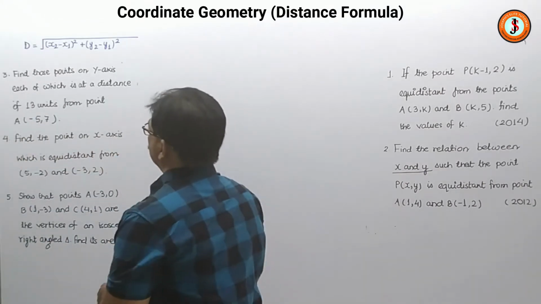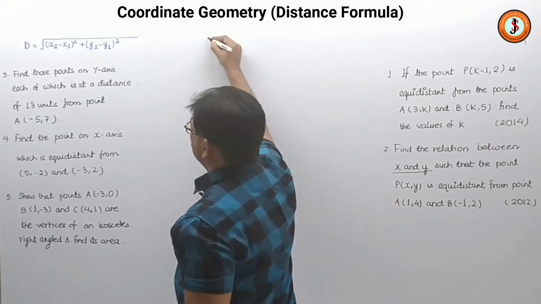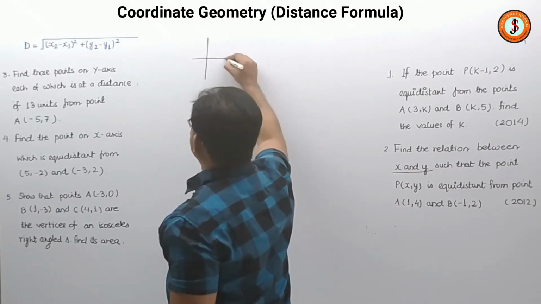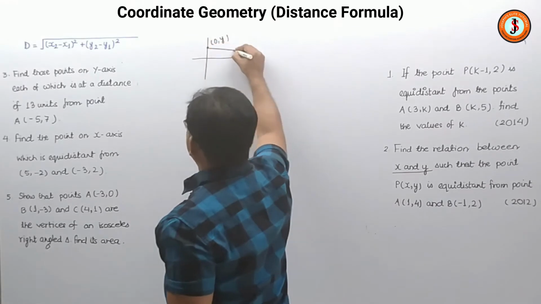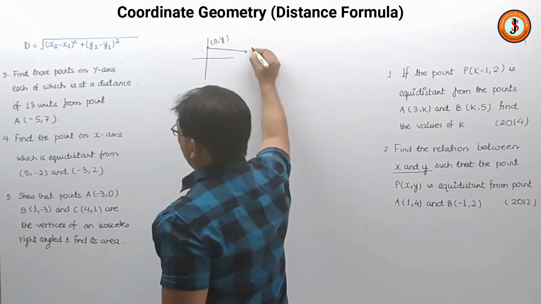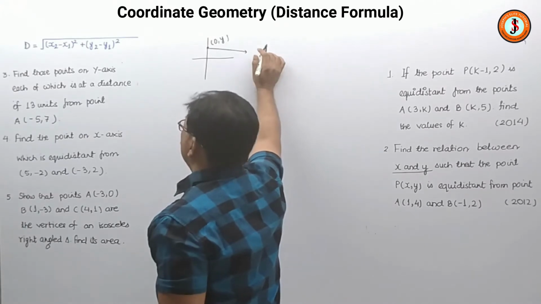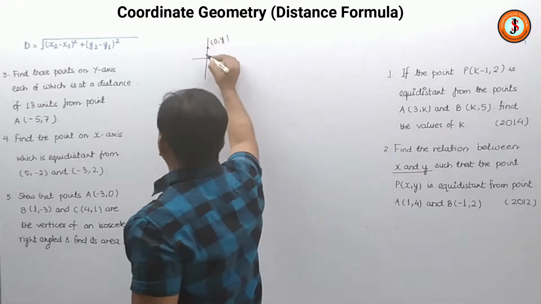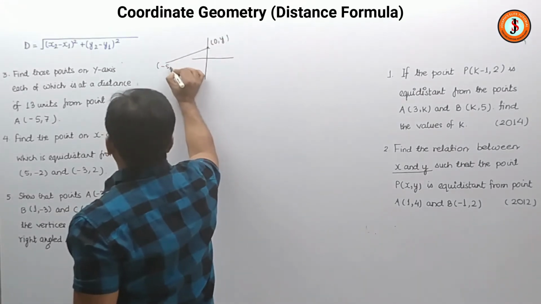Now we go to the next sum. Find those points on the y-axis, each of which is at a distance of 13 units from point A. So now this is the y-axis. Y-axis coordinates are (0, y). Now I have to get a point which is at a distance of 13 units from point A. A, wherever it is, is (minus 5, 7).